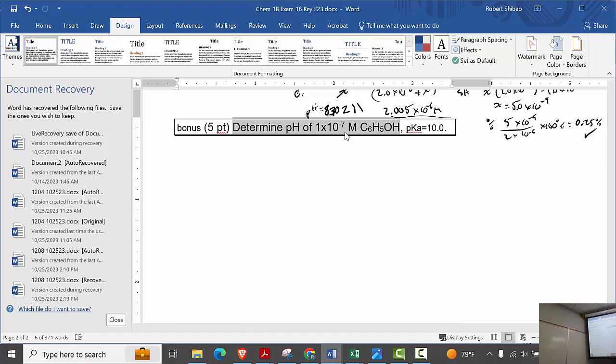Okay, in this one, step 2, do you know what step 2 for this one would be? It would be KW. And so in step 1, you generate like 10 to the minus 9 molar.